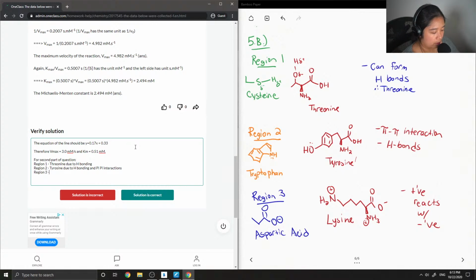Then region 3 would be lysine due to being positively charged, and reacting with the negatively charged O.